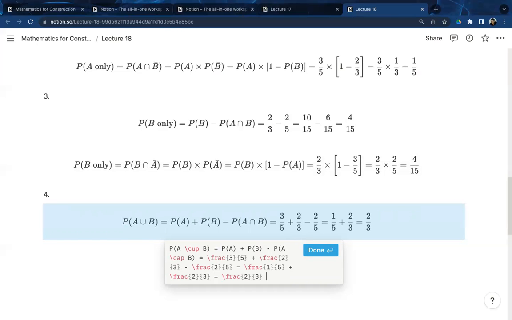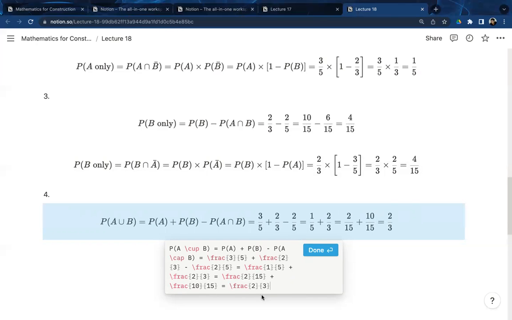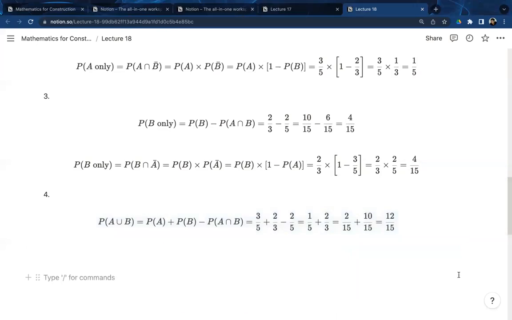If we represent them as something over 15, one-fifth, multiply above and below by 3, and the 2/3 multiply above and below by 5. So you get 12 over 15.